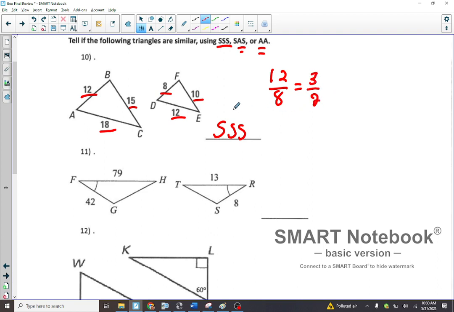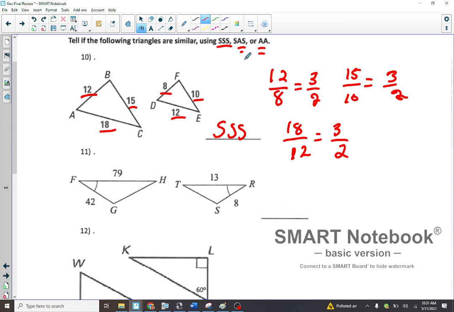You want to do the middle one, so that's 15 and 10. So 15 over 10 reduces to 3 over 2. And then 18 and 12. 18 over 12 reduces to 3 over 2. If they don't reduce to the same thing, that means they're not similar.